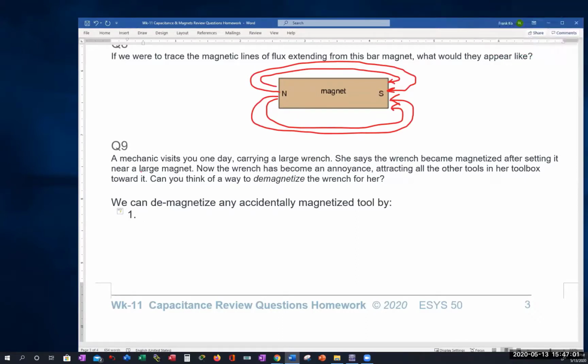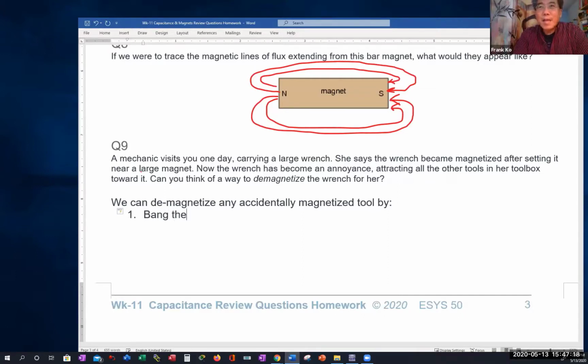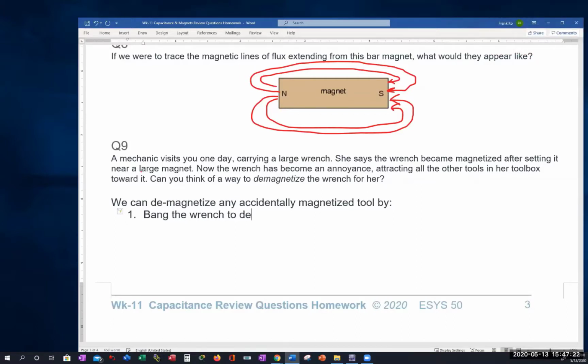Well, in all of the things that I've seen, there are 4 that I've answered on this one. One is to rough handle it, where I guess you're just going to bang the wrench. Two would be heating it. Let's do one at a time. Bang the wrench to demagnetize it. That's correct.